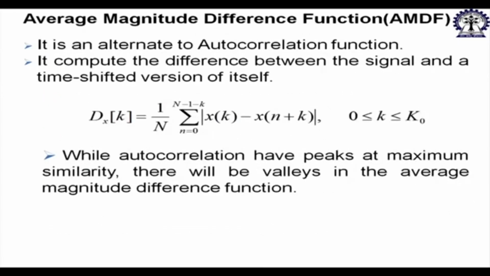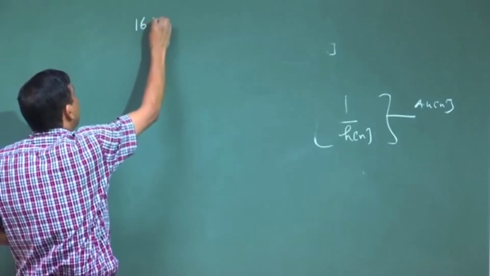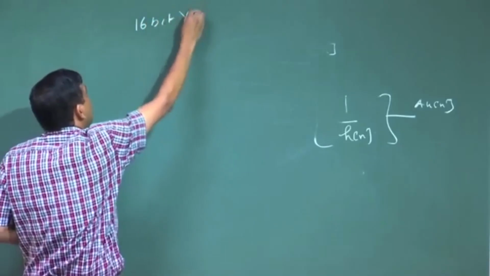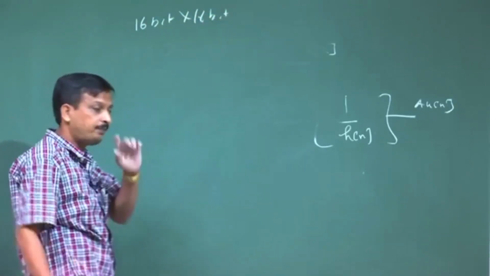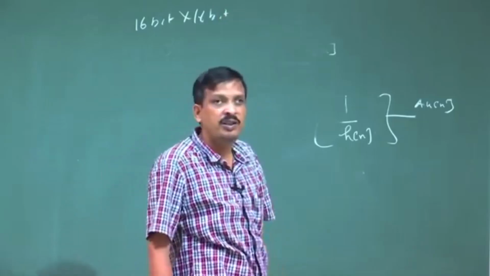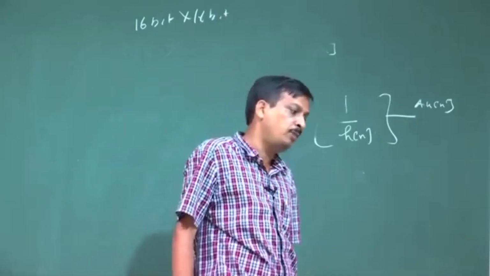Now, autocorrelation requires each sample to be multiplied by another sample. If it is a 16-bit signal, a 16-bit sample is multiplied by another 16-bit sample. In the worst case it requires a lot of memory, and multiplication is also computationally complex.